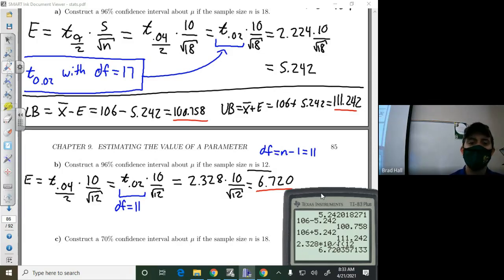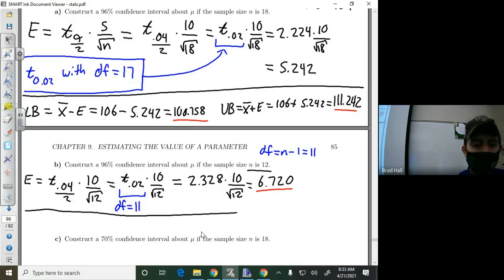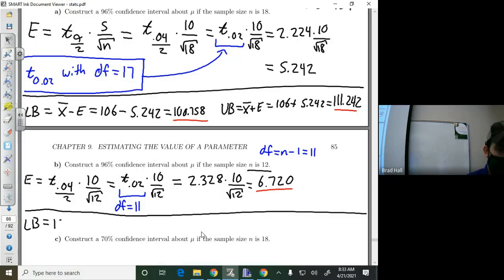And from here, we only found the error, but we still need to construct the interval. So remember the interval, there's a lower bound, which will be 106 minus this new error term that we have.